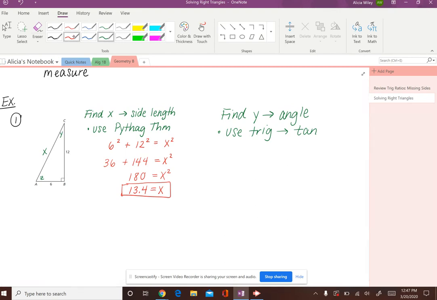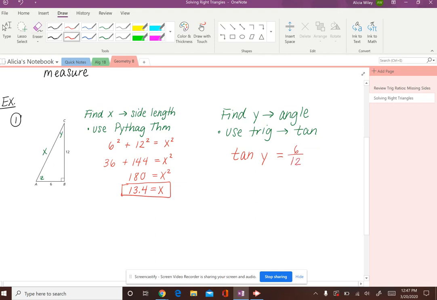Now remember, what we don't know is the angle. So when you go to set this up, it's going to be tangent of the angle. I don't know the angle and I called it y. That's going to equal the opposite side length from y. So opposite of y is 6, adjacent is 12. So it's going to be 6 over 12.